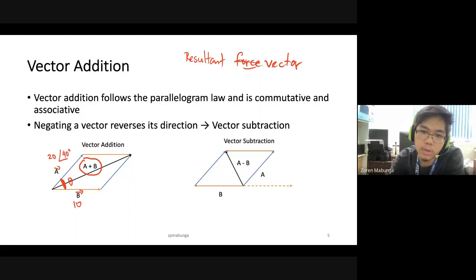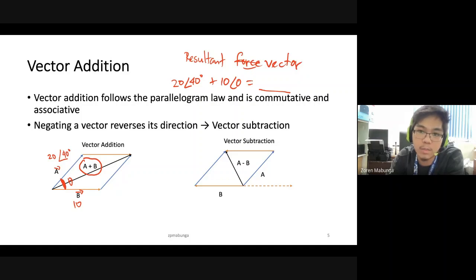So para makuha yung resultant na A plus B, i-add mo lang siya using complex mode na calcu. So 20 angle 40 degrees plus 10 angle 0. So makukuha mo na yung value nung A plus B. Okay, so makukuha mo na yung value nung magnitude nung vector addition na yon.